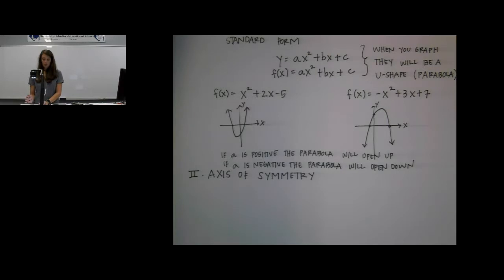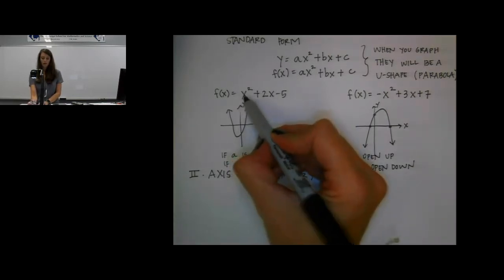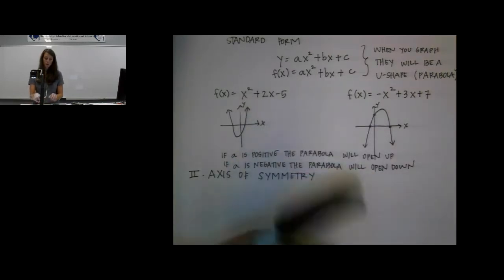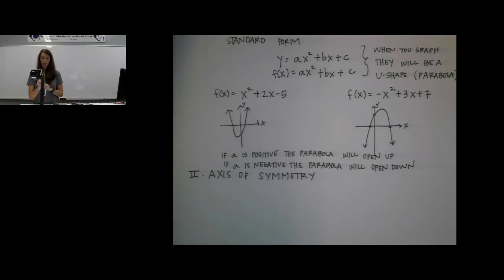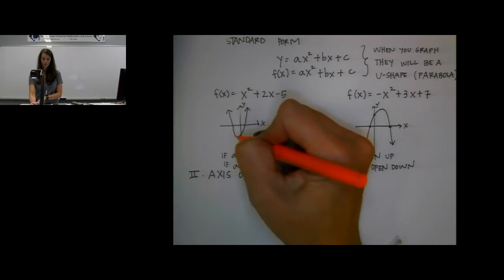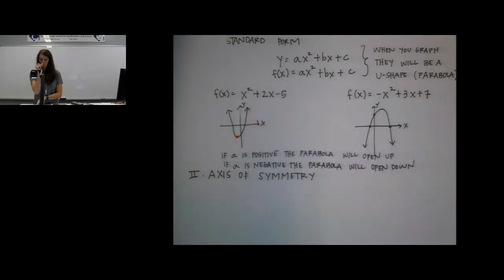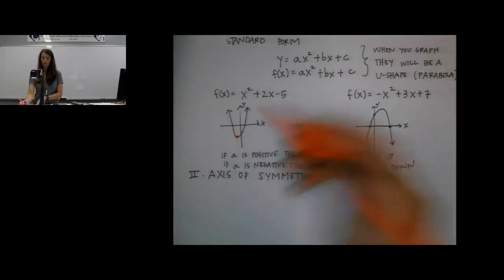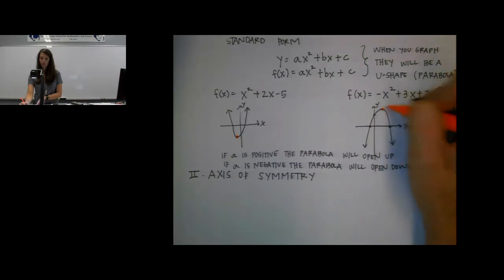So then you have a positive here. So this point down here where the graph changes is going to be a minimum point. Where the graph changes, this is going to be a maximum point.